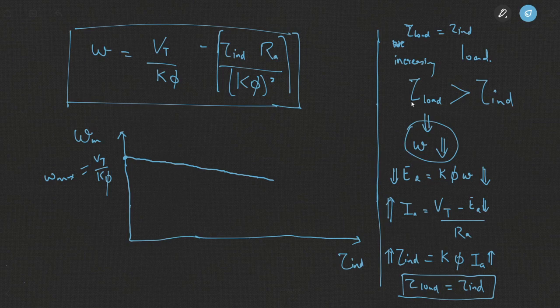So with increase in load, the speed decreases, but the motor finally settles down again at a new value of speed, but that's reduced. The load torque and the induced torque will again be equal after achieving that balance. So this is your terminal characteristics of a DC shunt motor, and the terminal characteristics of a separately excited DC motor we'll do in the next session.